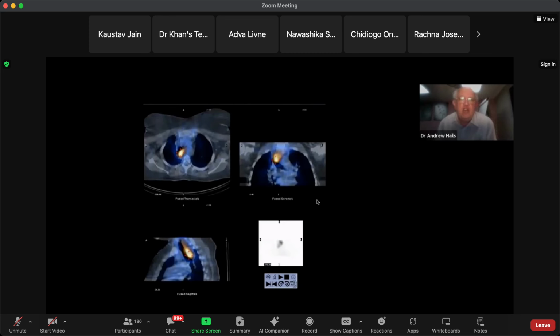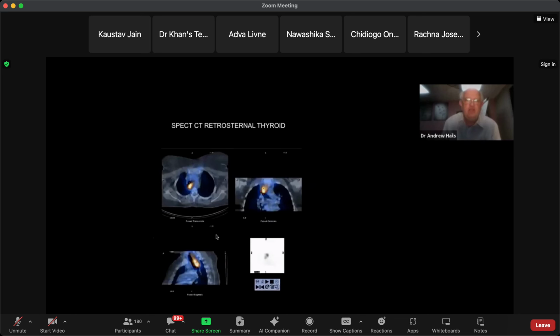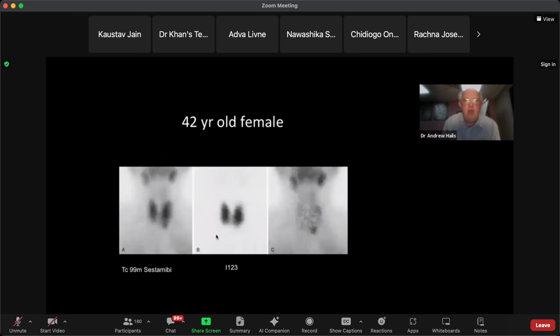It's just to show that they've put the CT image together with a SPECT image, SPECT being computed tomography of your radioisotope scan, and this demonstrates that the lump seen on the CT is in fact taking up the pertechnetate. There's a retrosternal thyroid.